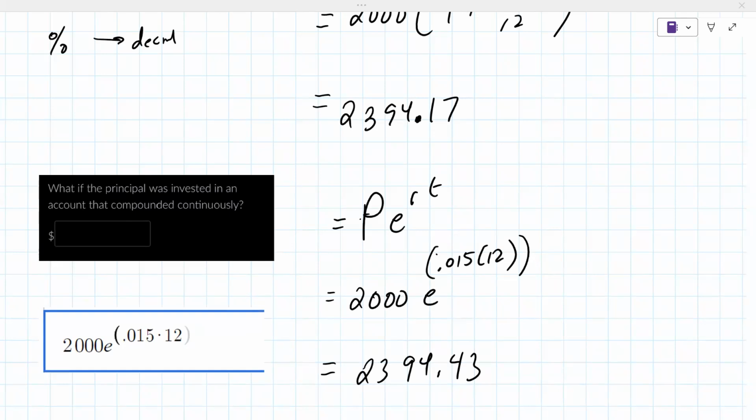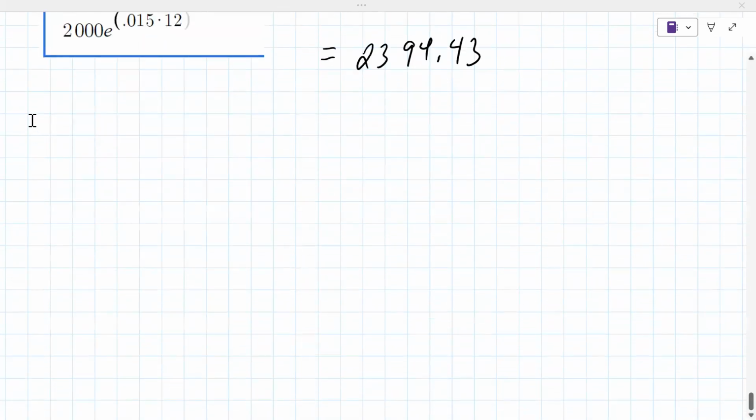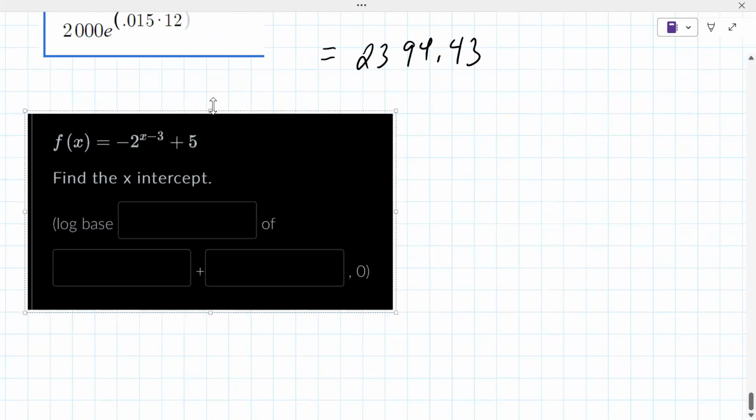Okay, on to another question here. Log base blank of blank.